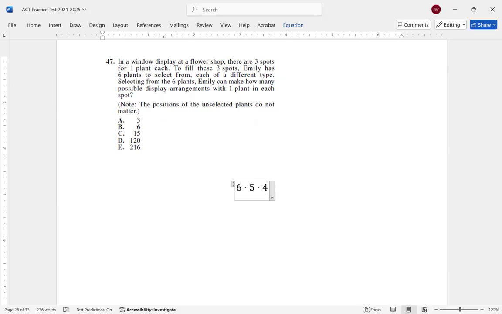So only those spots matter. So we get 6 times 5 times 4, which is 120 different arrangements where one plant is in each spot. So 120, option D, is the answer to question 47.